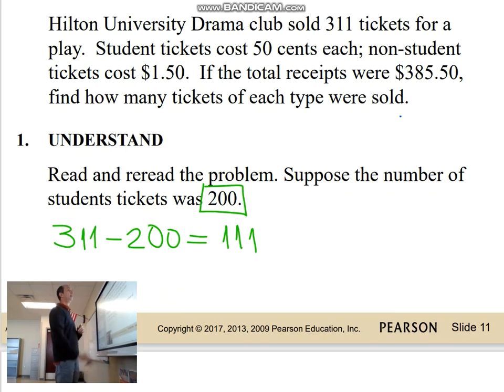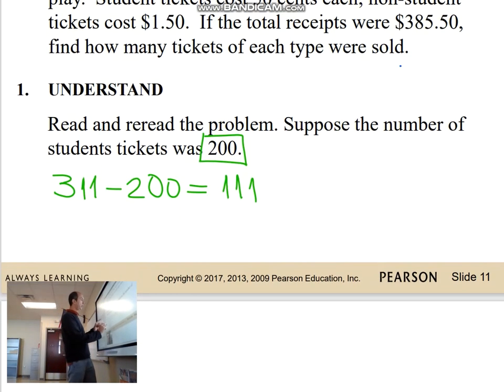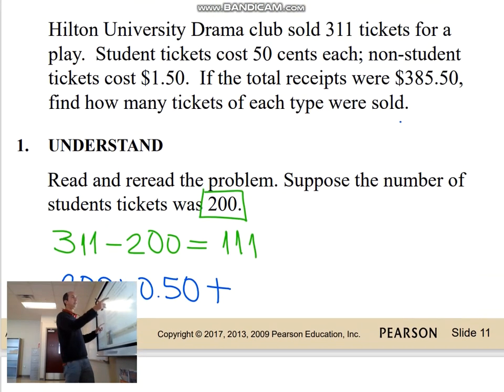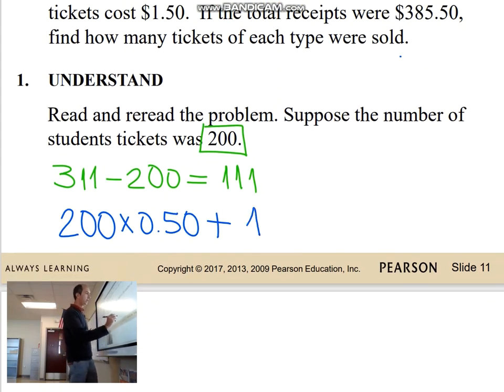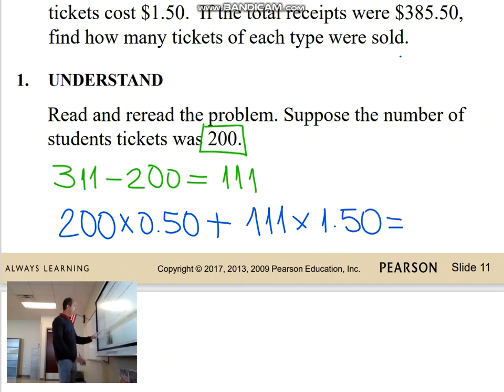And if each student ticket costs 50 cents, we can multiply 200 by 50 cents and add the non-student tickets at 150, so 111 times 150. And check the result. You can use a calculator.